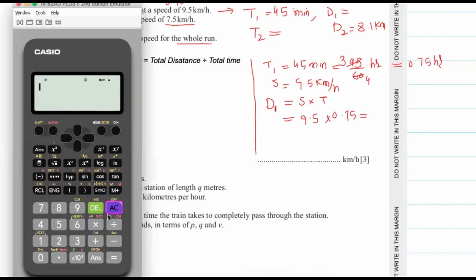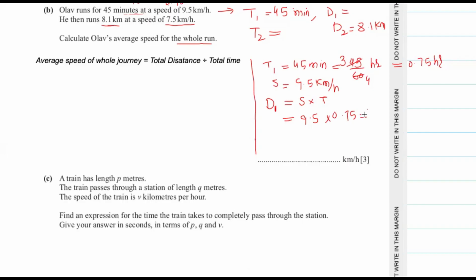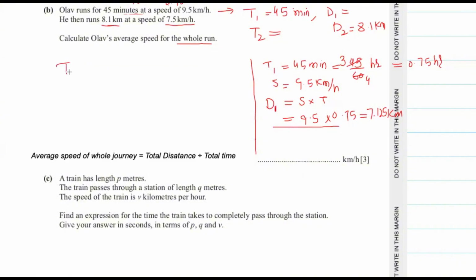This value will be equal to 7.125 kilometer. And in the next part of the journey, we will calculate the time T2. Speed is equal to distance divided by time. Therefore, time will be equal to distance over speed.